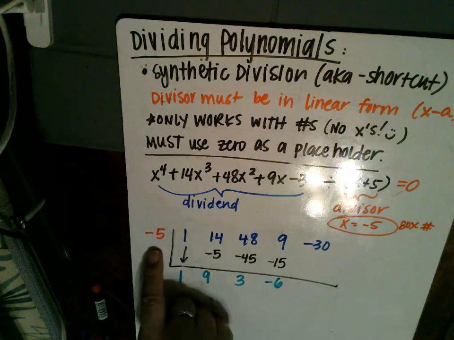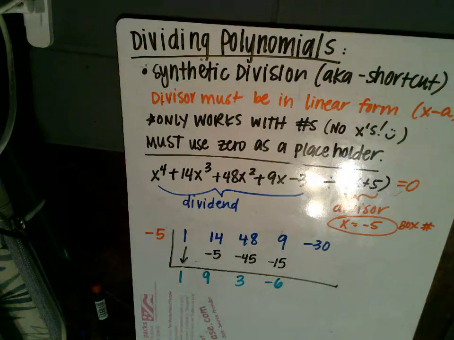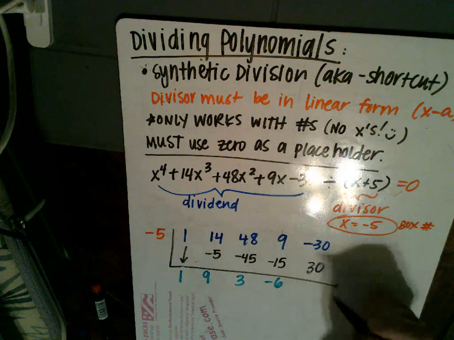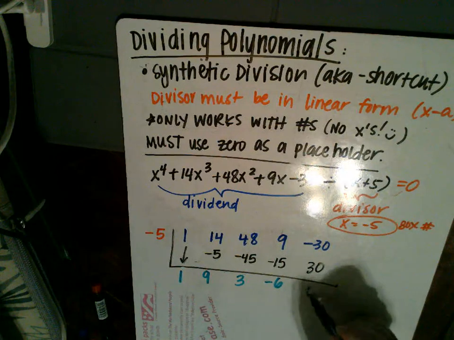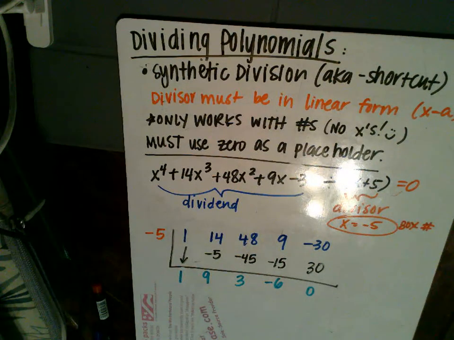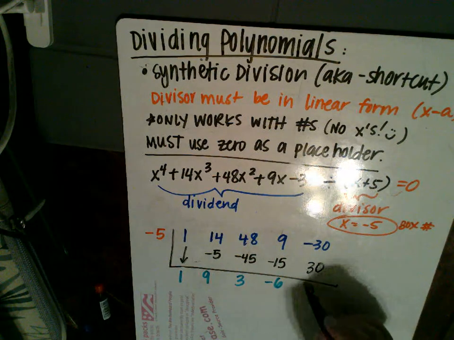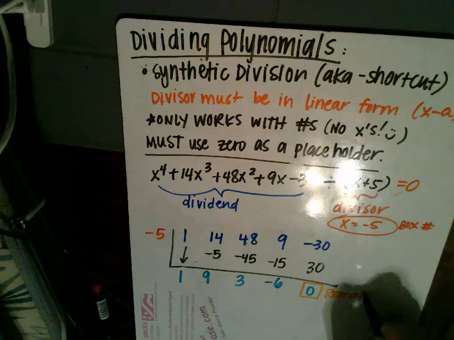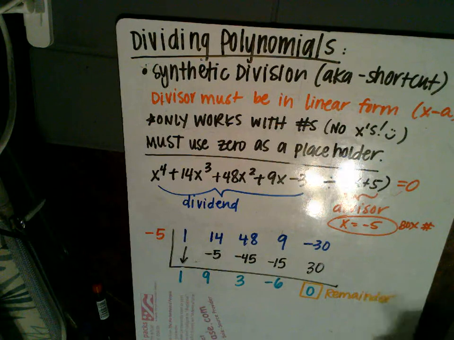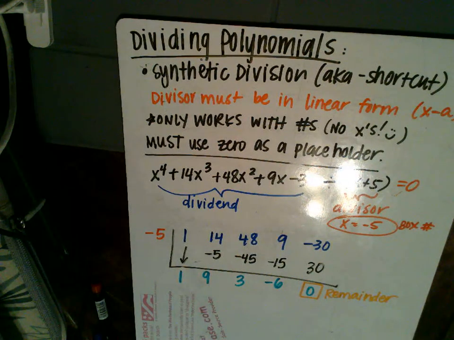Negative 6 times negative 5 is positive 30. Negative 30 plus positive 30 is 0. Okay? This final number right here is my remainder.